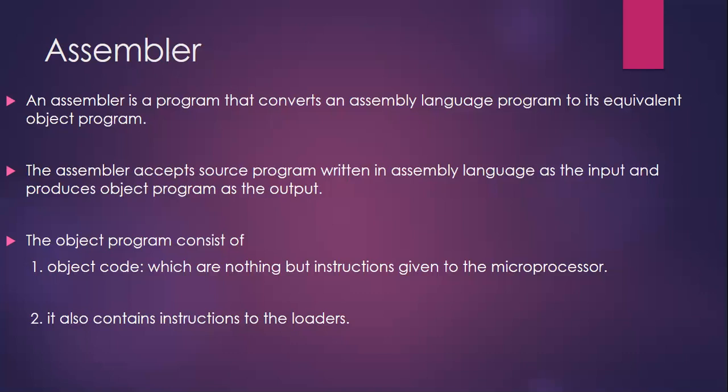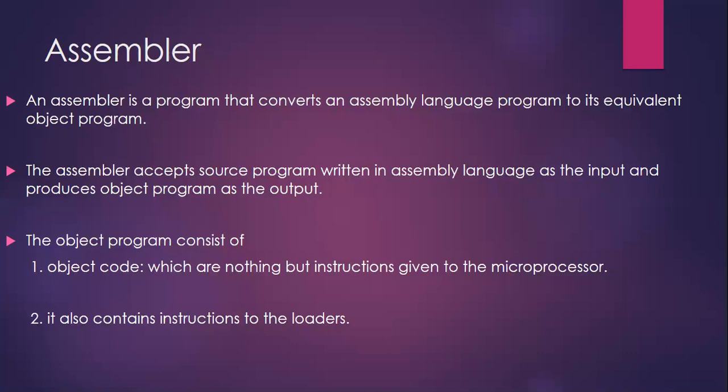The assembler accepts a source program written in assembly language as the input and produces an object program as the output. So the assembler is just like a junction receiving the input, the assembly language, the source code written using assembly level language. And the output of the assembler will be the object program.